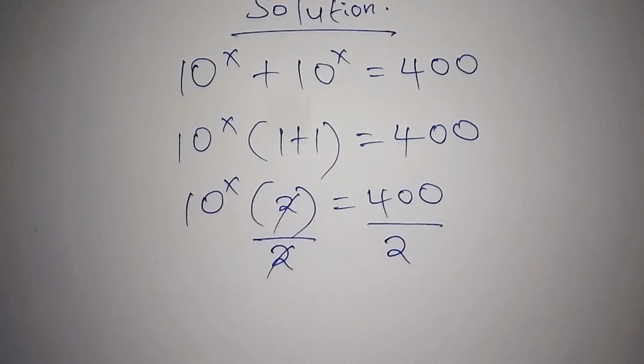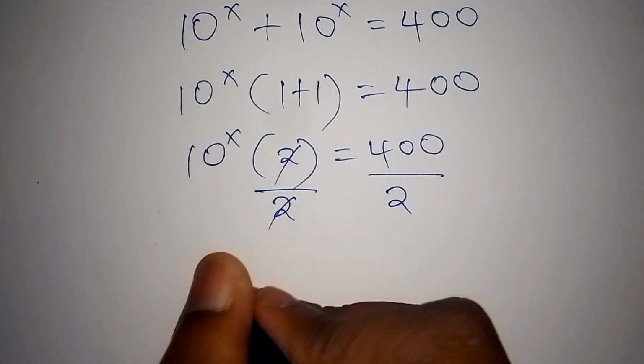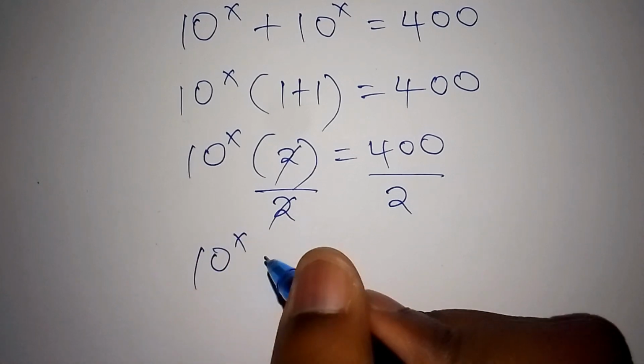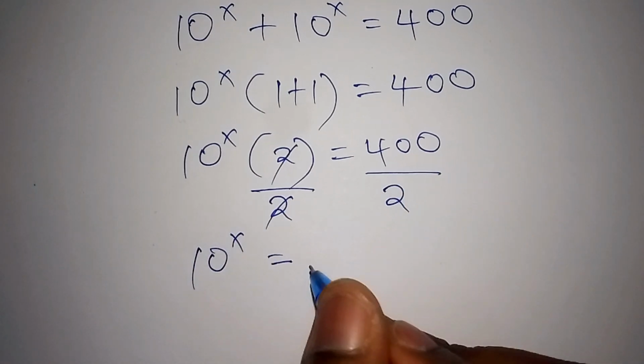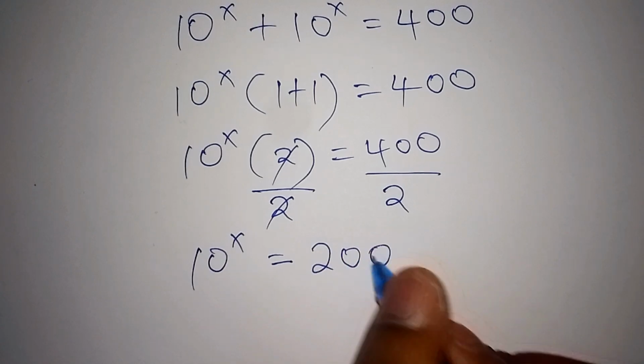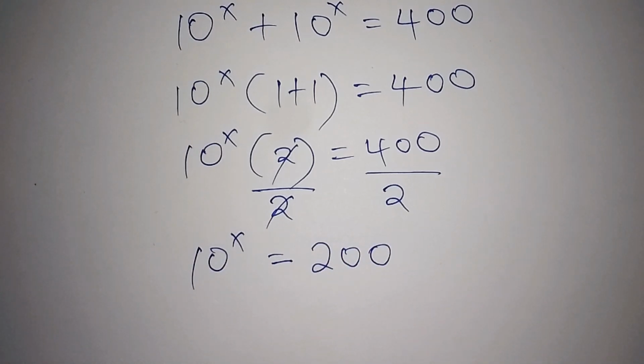In this case we shall have 10 to the power of x is equal to 400 divided by 2, which is 200. Once we have our 200 here, 10, remember, is a base, and x is an index. It is difficult for us to change 200 to the base of 10, so we shall use the log.